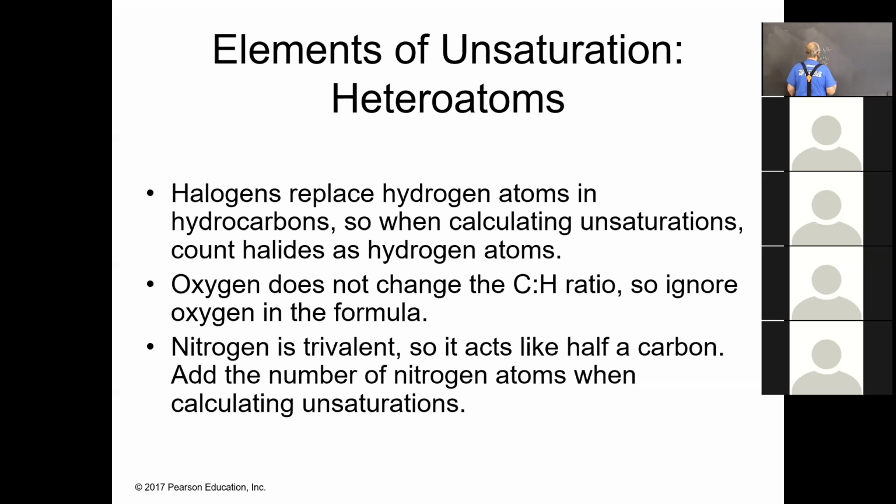Okay, 2n plus 2. Okay, 14 minus 8 is 6. And these come in pairs, so therefore we would have 3 elements of unsaturation. So we treat halogens just like hydrogens.